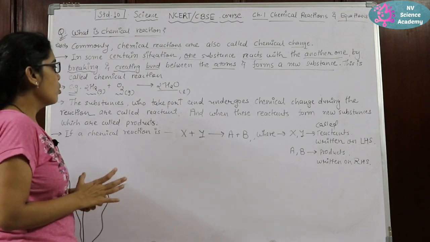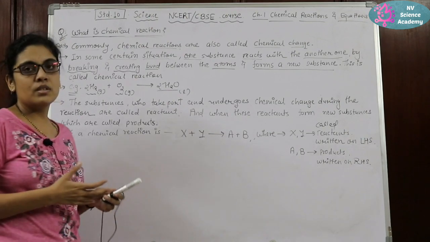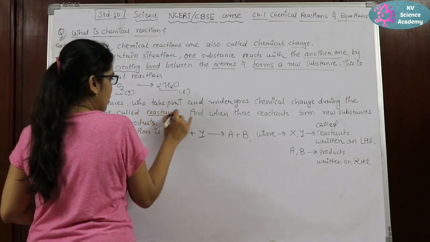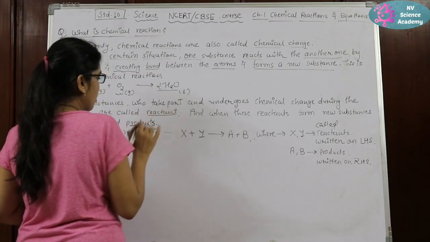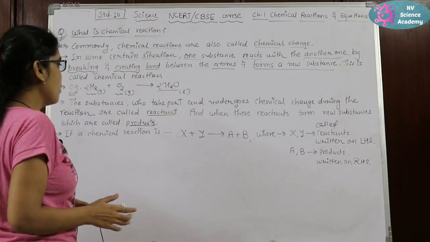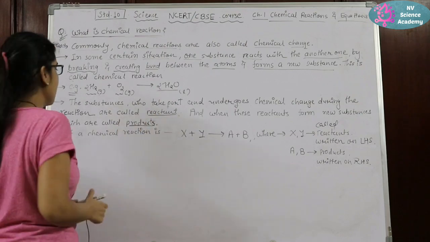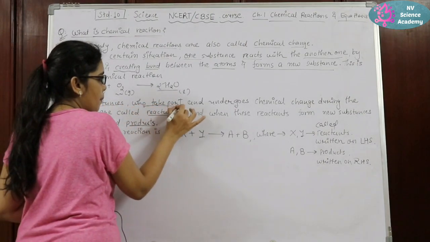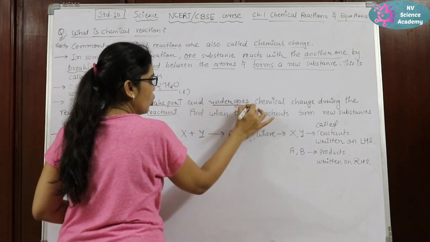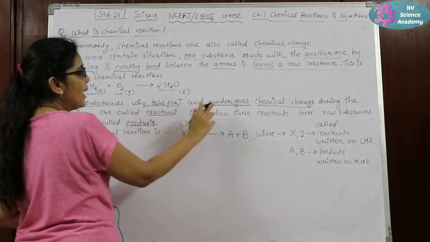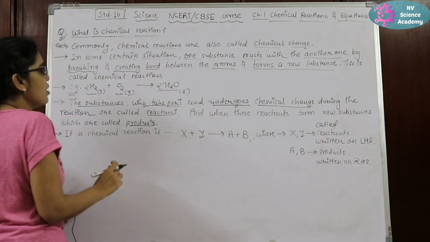Now we will look at some other definitions. One is reactant and the other is product. So let's see what reactants and products are. First, what are reactants? The substances that take part and undergo chemical change.